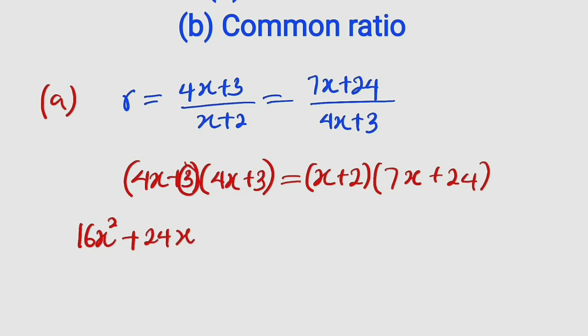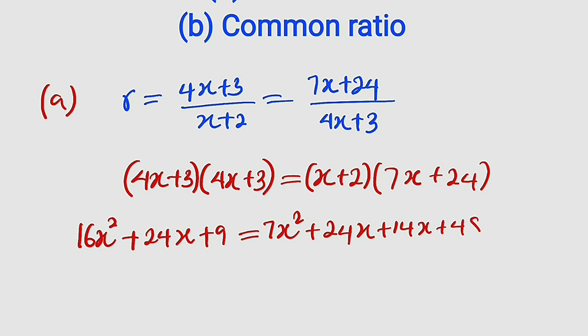Then the second term squared will give us 9. This is equal to x times 7x, that is 7x squared, x times 24, that is 24x, then 2 times 7x, that is 14x, and lastly 2 times 24, that is 48.